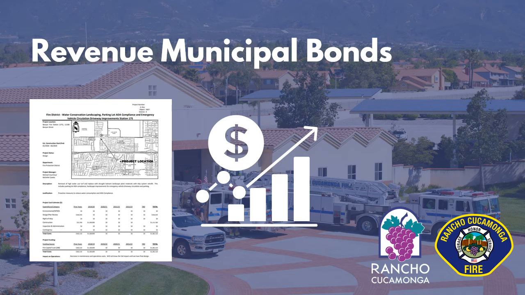Let's say they're projecting that a bunch of residents are going to move into the city in the next 5 years, but their projections are wrong, meaning that their source of revenue that they thought they were going to get isn't necessarily accurate. So it's going to make it harder for them to pay back the bonds that they were trying to achieve with the revenue municipal bond.